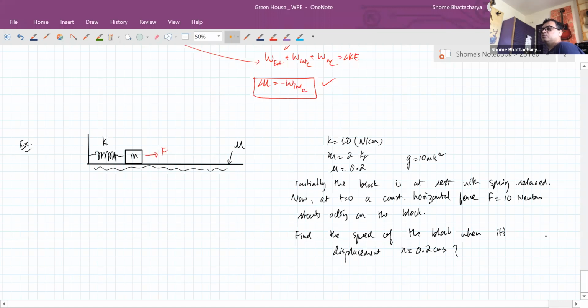So by the time the displacement is 2 millimeters, you have to find how much speed the block will have. Okay. So just note down the data of the question. Then we'll understand this question by two approaches: work energy theorem applied to the system versus work kinetic energy theorem just applied to the block alone.